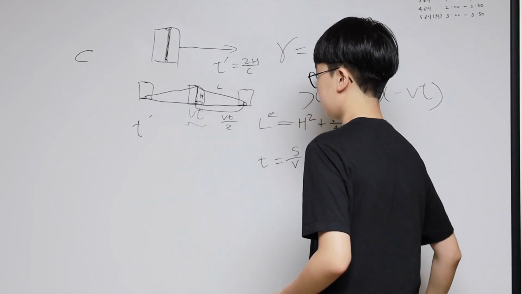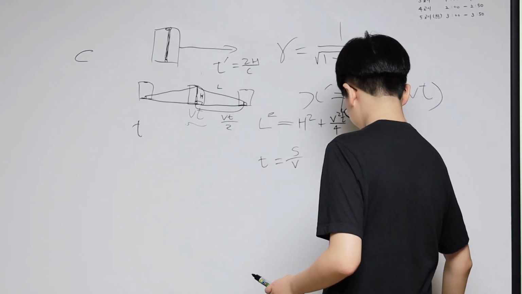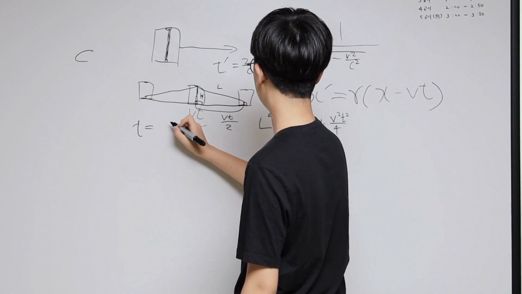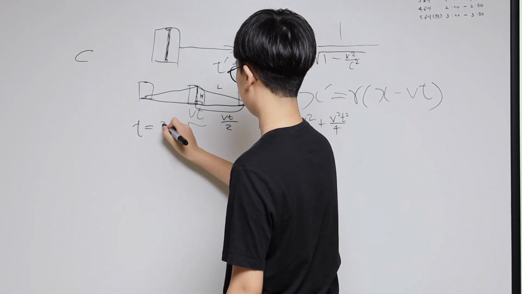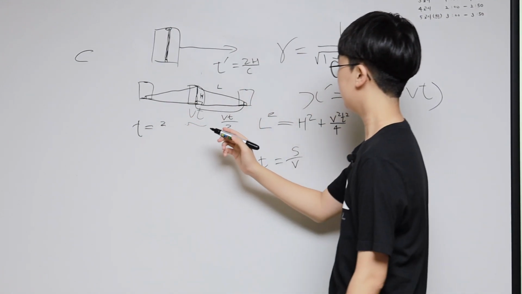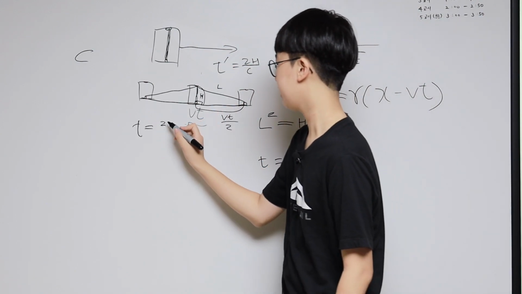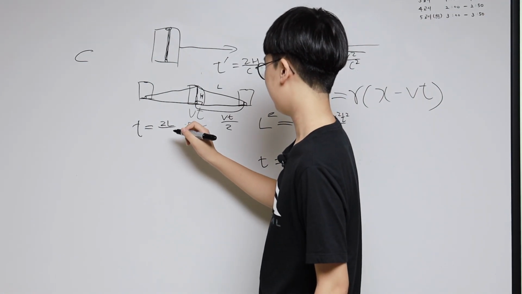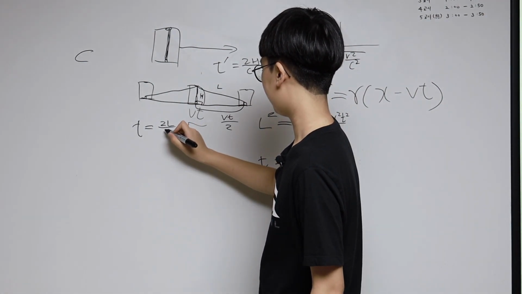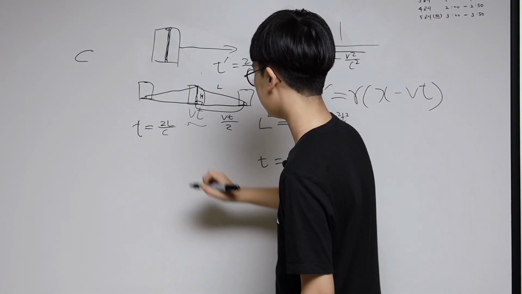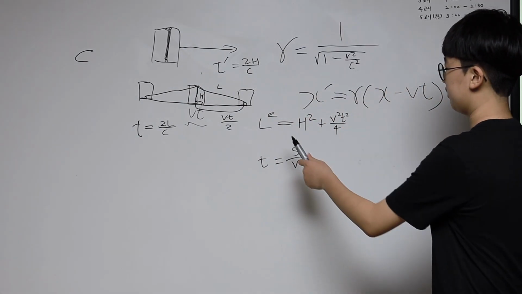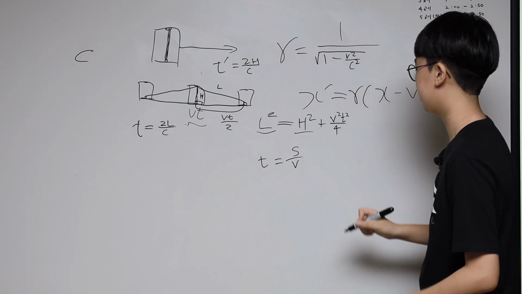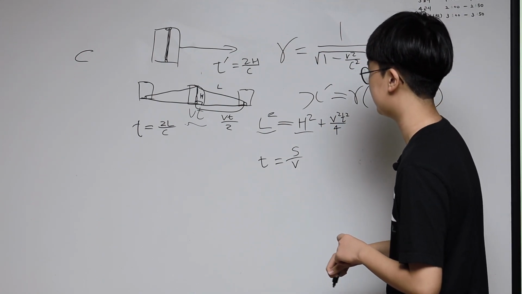Oh wait, that's a prime. We're just going to call it t, and t would equal 2L divided by c. And we're trying to get what L squared is and what H squared is.